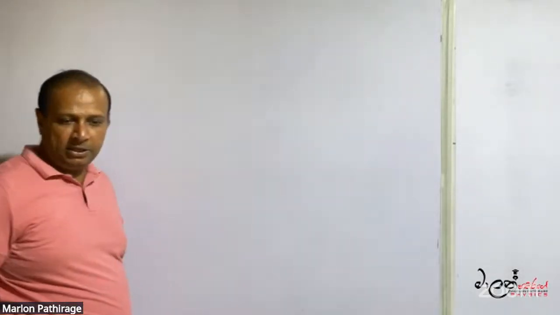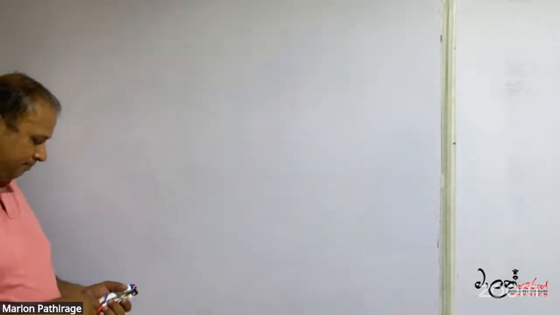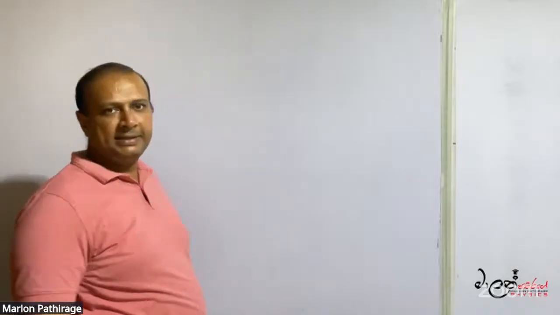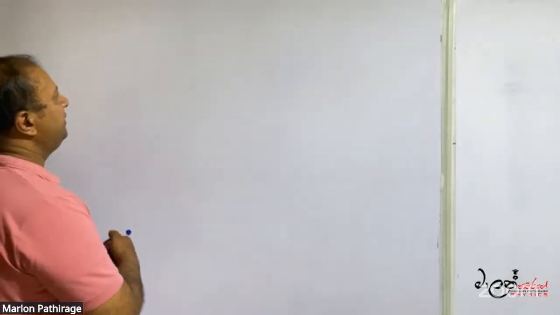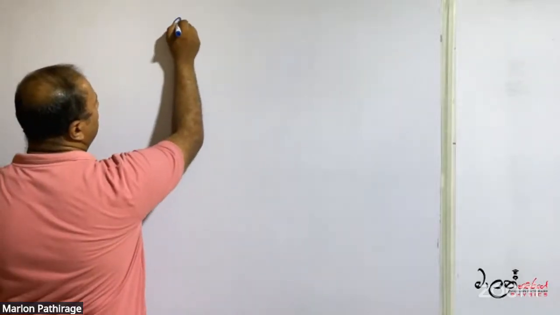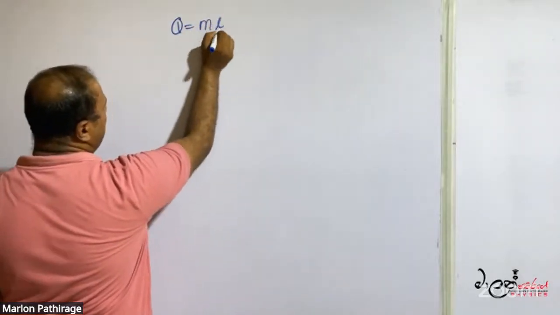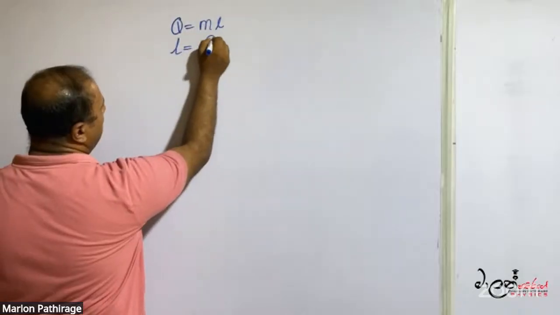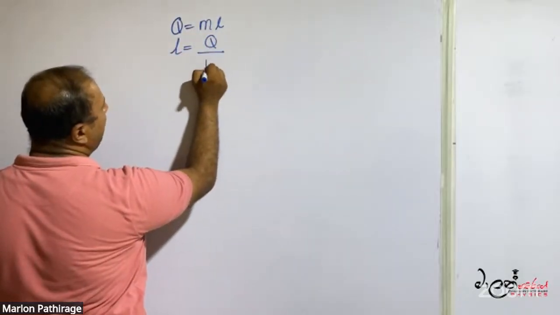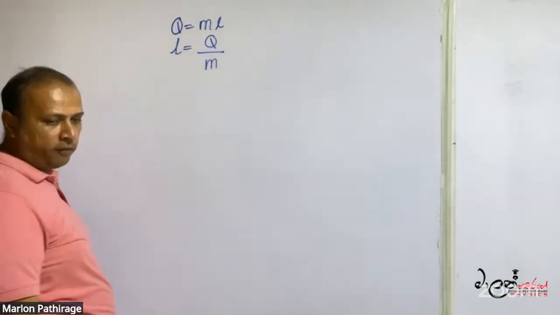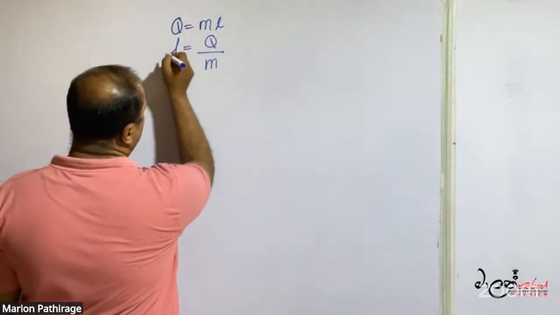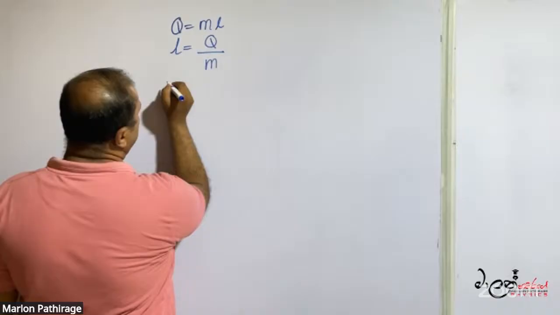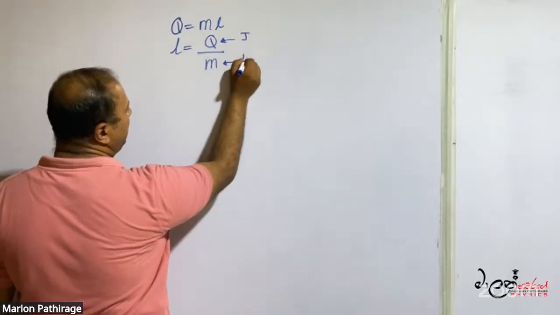Now we can define it. Q equals m times L, therefore L is equal to Q over m. You know Q is measured in joules and m is measured in kilograms.